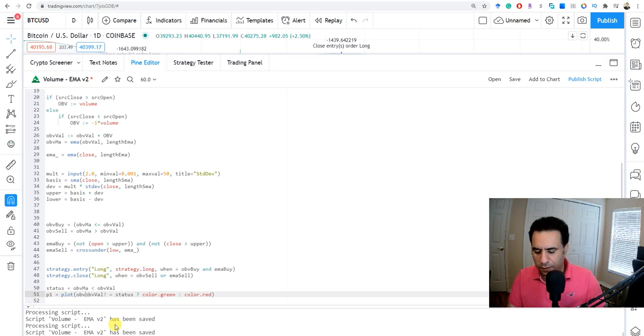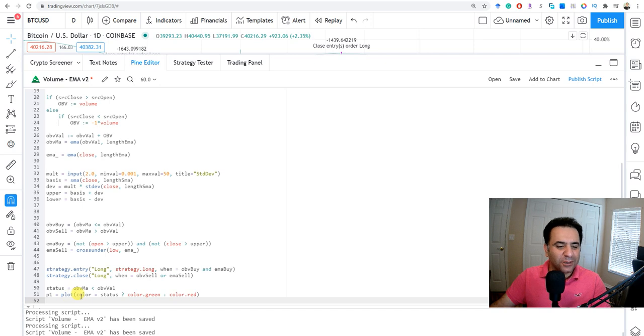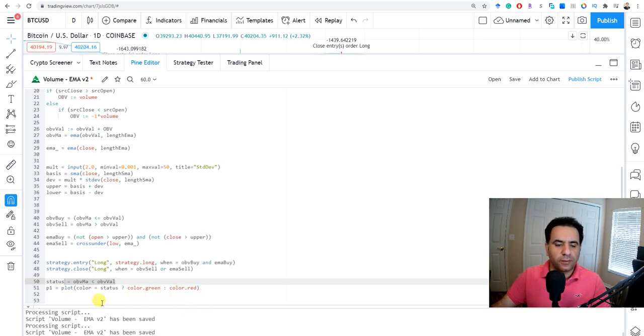If OBV MA is greater than OBV val, then... what am I doing here? No, I have defined it here. Anyway, sorry. So color is equal to, if we have the status, which is this, show it with green, and then show it with this.